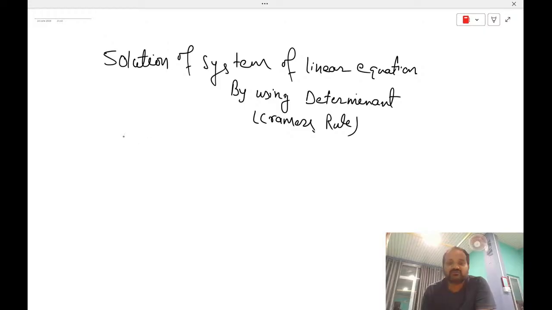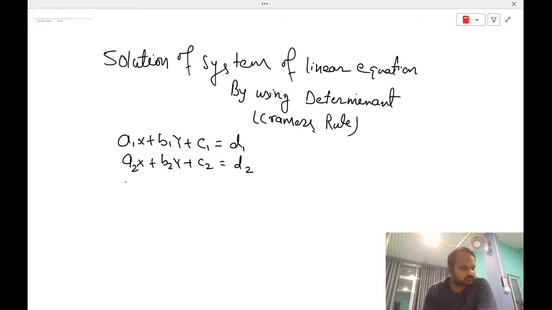Let the system of linear equations be a1x plus b1y plus c1z is equal to d1, a2x plus b2y plus c2z is equal to d2, and a3x plus b3y plus c3z is equal to d3.